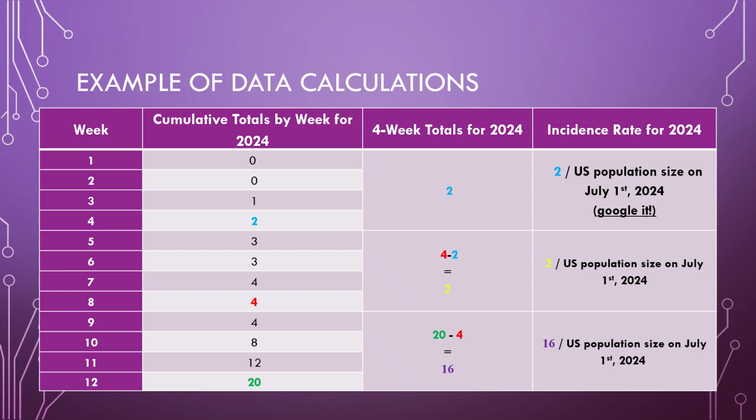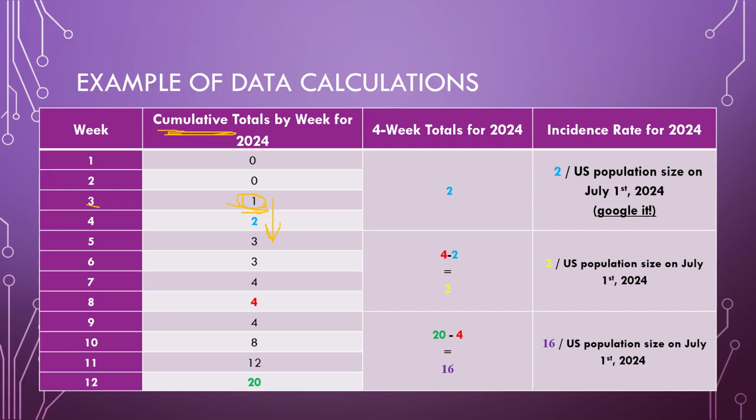Now, keep in mind that there is a term here, and I'm going to underline it in orange. It is cumulative. This number that we're going to see as it moves down into the weeks is going to be additive. So in week 3, we see 1 case, 1 new case.